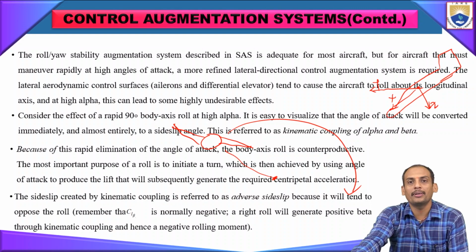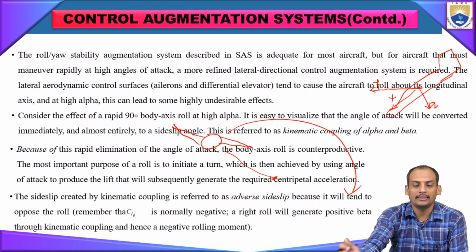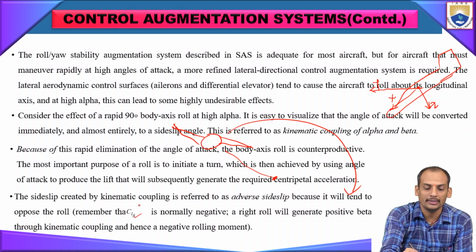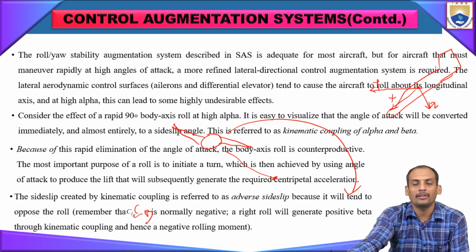So the side slip created by this kinematic coupling is referred to as adverse side slip, because it tends to oppose the roll. That means C L beta. So this is C L beta, and it is normally negative.